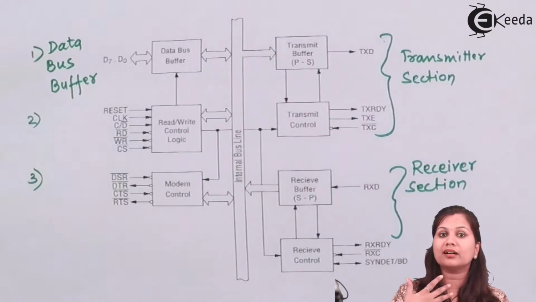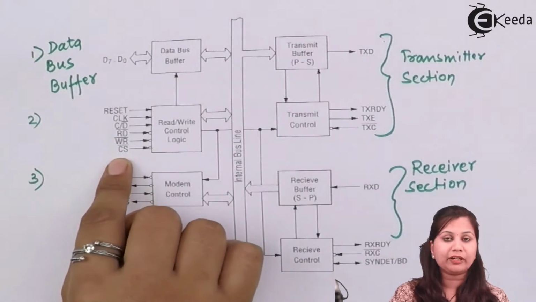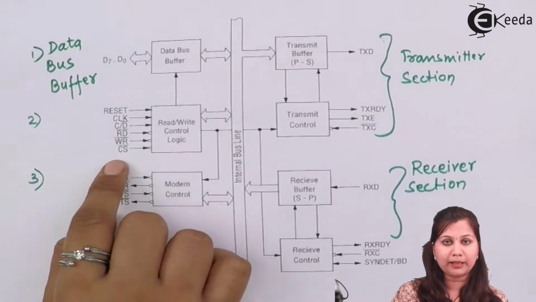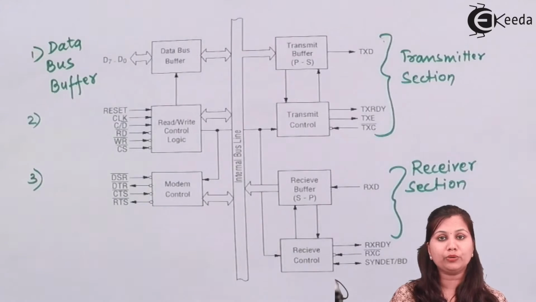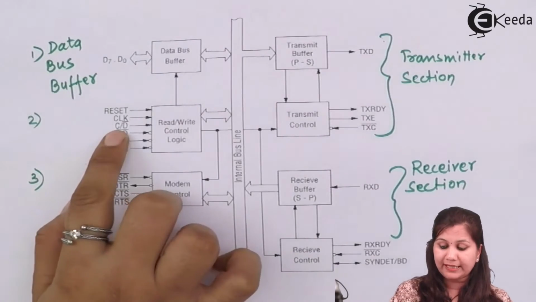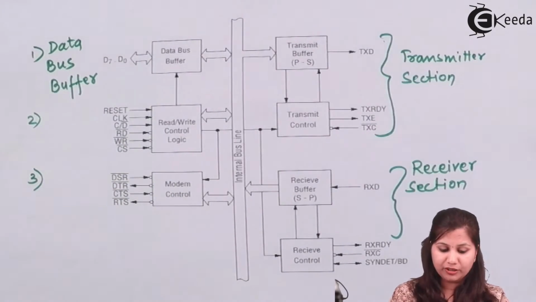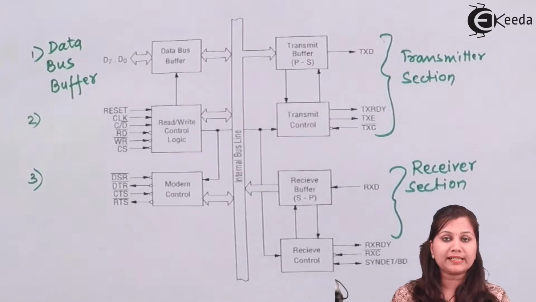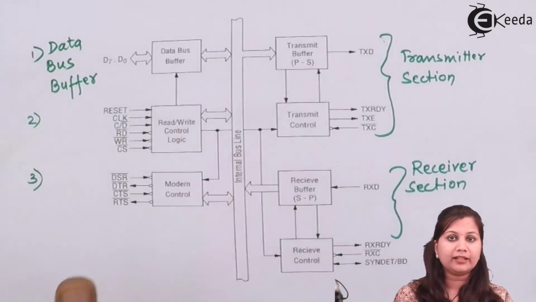If write is given, the data is written in the 8251. Then if CS is activated, it means the 8251 is selected by the microprocessor. Reset means that the 8251 is going to reset all the values, all the commands and modes. Then C/D means command is selected or data is selected. So whatever function the 8251 is doing, that function is defined by the read and write control logic. So let us study this block.